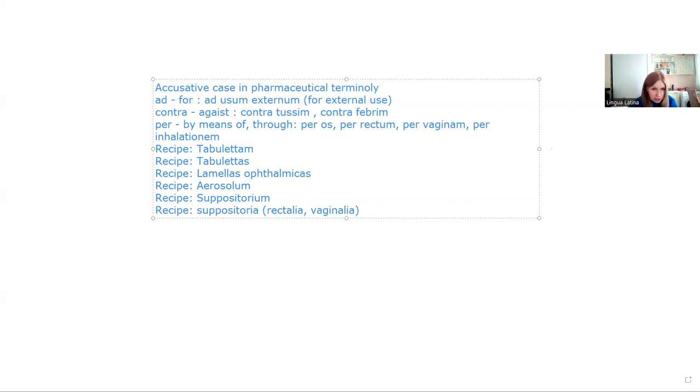And for singular, if it's only one suppository, we can use vaginale or rectale. Suppositorium rectale or vaginale, singular. Now, that's it about exceptions in prescriptions.